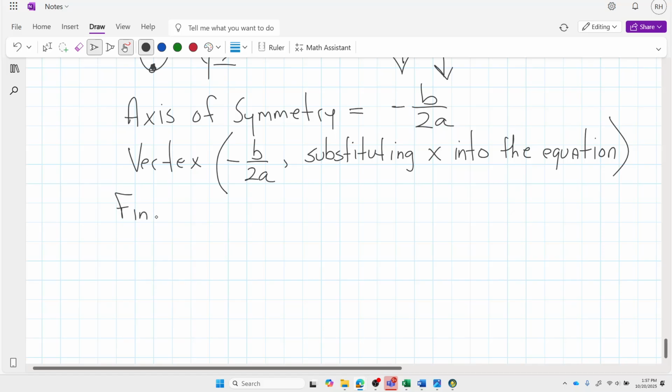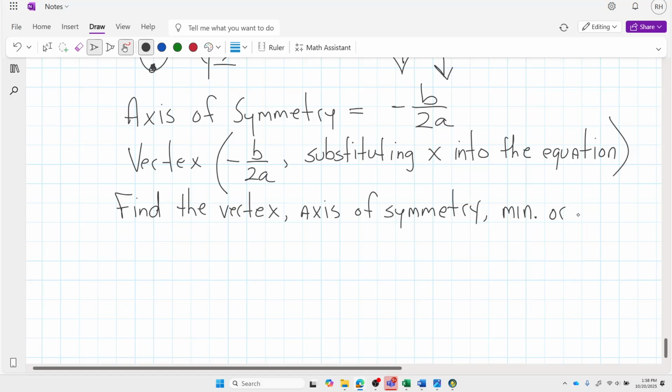Find or identify the vertex, axis of symmetry, min or max value, and range.